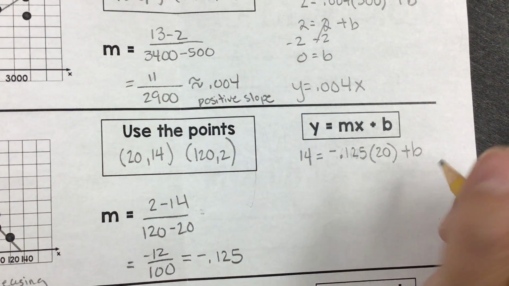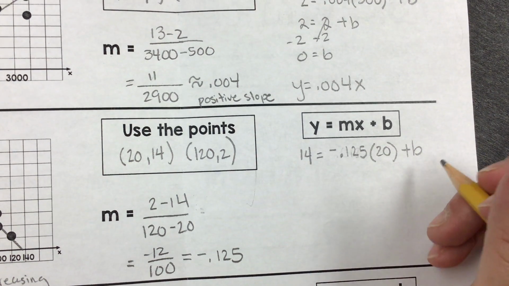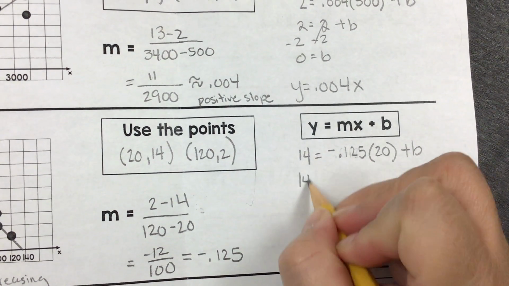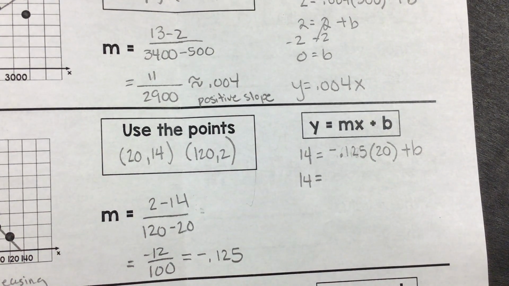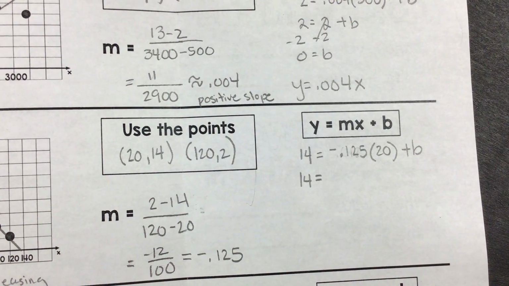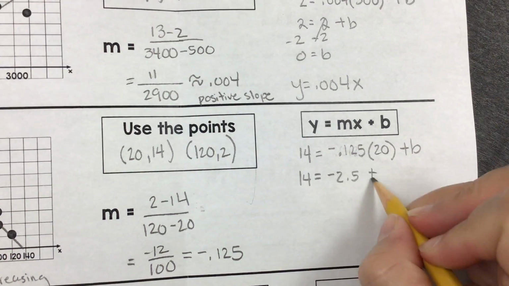So we've done this before where we substitute the values to find b. 14 is equal to a negative 2.4 plus b.